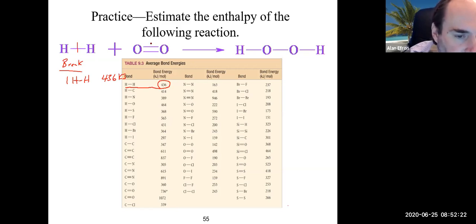We're also going to break an oxygen-oxygen double bond. This is why it's important to know what those bonds are, because if you just see O2, you might think, oh, it's just an oxygen-oxygen single bond. If you're not sure, you might want to quickly sketch the Lewis structure to determine is it a single bond, double bond, or triple bond. So that looks like 498.